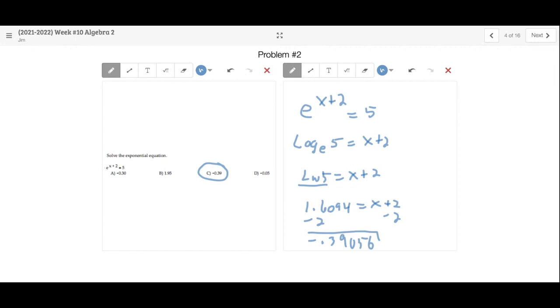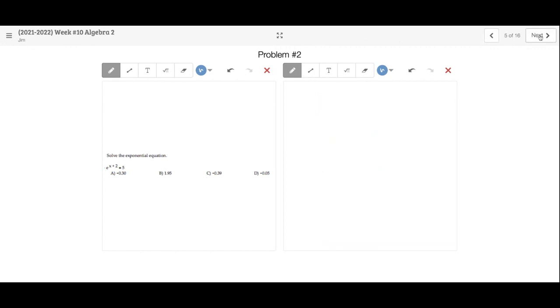Now you can see in the answer key, they only took it out to 2 places, but I usually keep it to 4 because you get a lot better of an answer when you do that. Okay, but anytime you have log base e, write it as natural log. That's it.